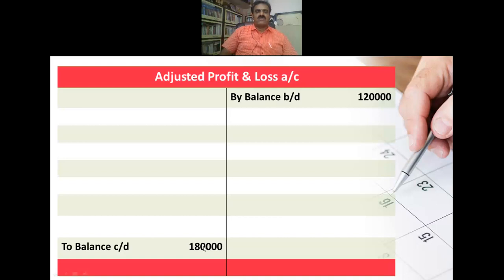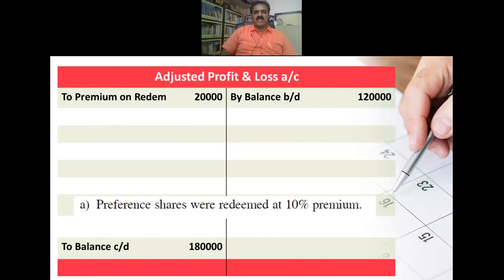Then, so far we have prepared 7 ledger accounts. For each ledger account, there may be a chance of the profit and loss account appearing. Wherever the profit and loss account appeared in the respective ledger account, that has to be taken into consideration. The very first one is that preference shares were redeemed at 10%. For that, we have prepared a preference share capital account. There is a redemption premium on redemption of 20,000.